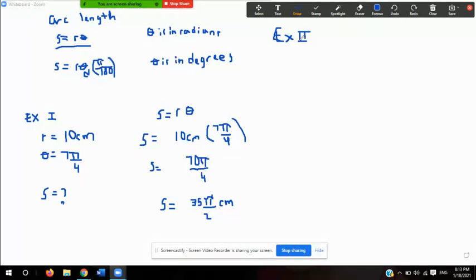So again, in this case, we have the radius, which is 7.5 centimeters. And we're getting the value of theta, but we're getting the value of theta in degrees. So theta is actually 76 degrees.